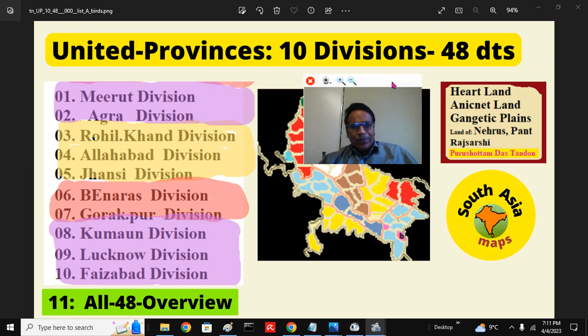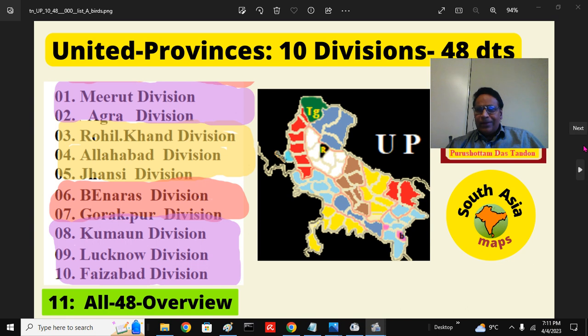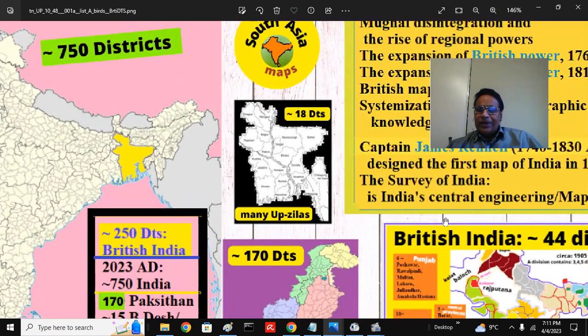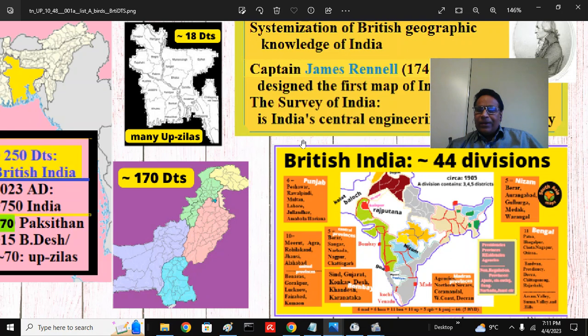Why is this very important? When the British left India, there were roundabout 275 or so districts in India. I have made one presentation on districts, where I covered 44 divisions of British India, omitting some, such as the princely states.